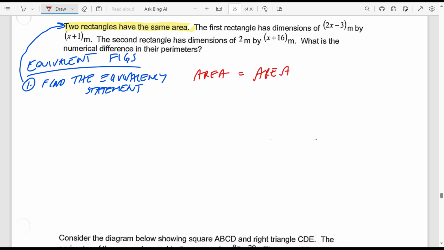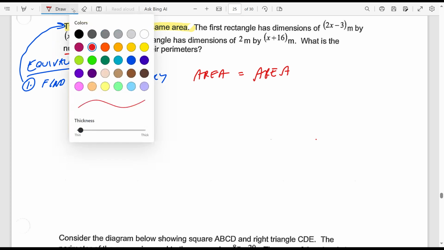I need that now because my process in this question, I'll skip down to the end, is to find a numerical value for x. So there's a way we can do it. With these questions, when they're done properly, you're going to be able to find a numerical value for x. So that's my first thing, finding that out.